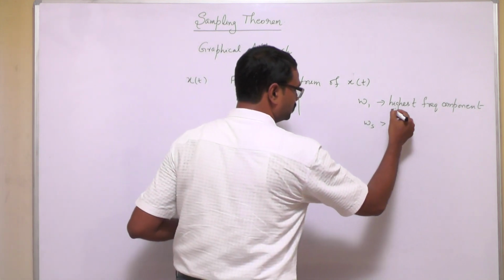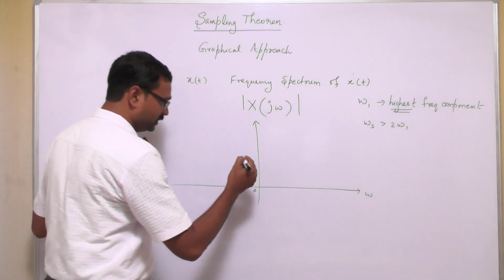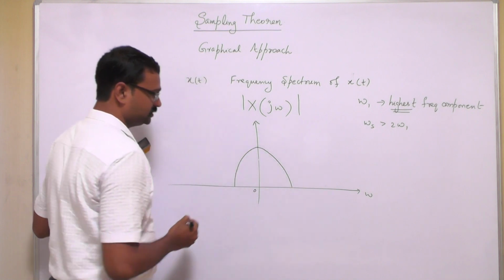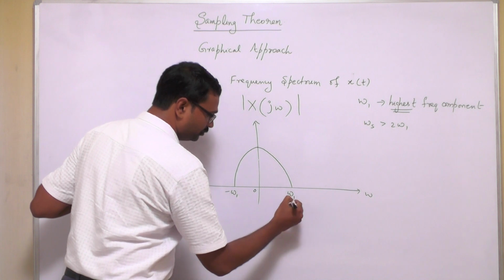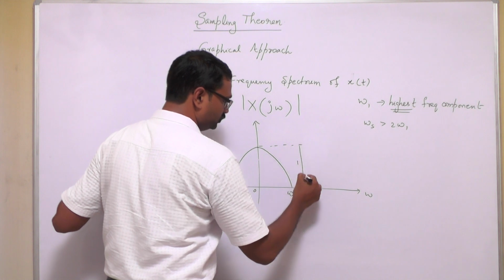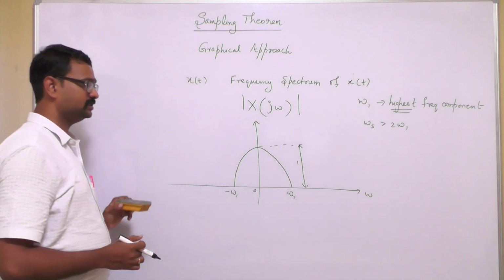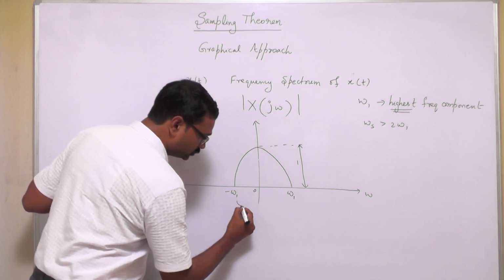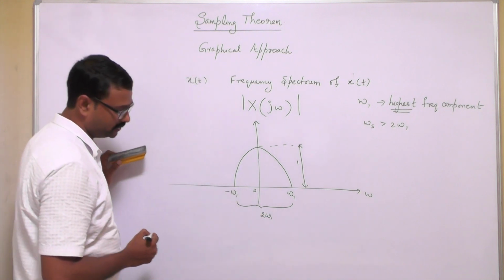So let me say we have a frequency spectrum of this form, where this is minus omega 1 and this is omega 1, and the magnitude can be considered to be unity. Let us say modulus of x of j omega is equal to 1. In total, this spans 2 omega 1. Now what is the sampling theorem saying?